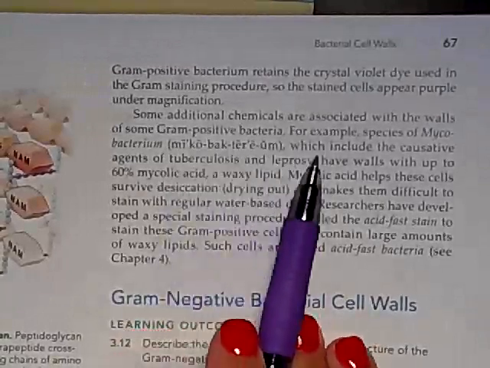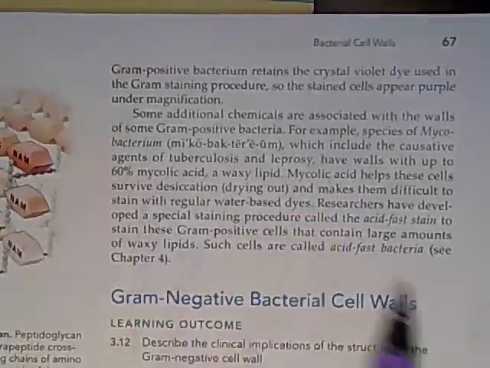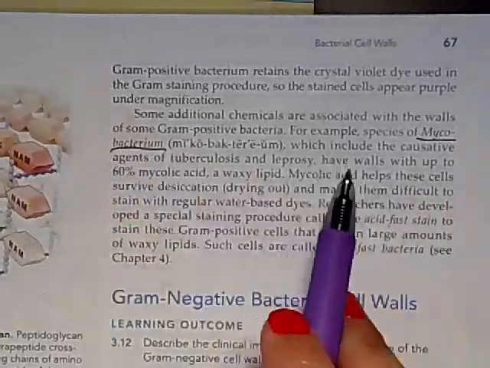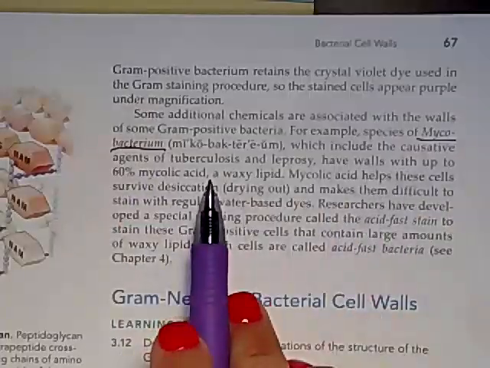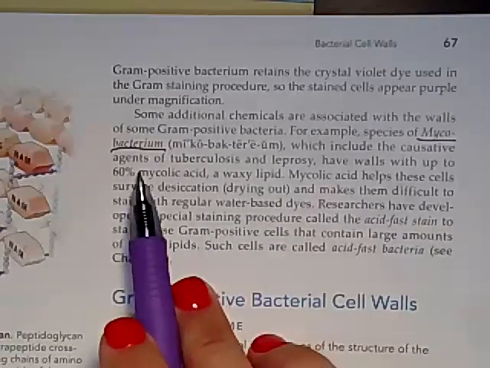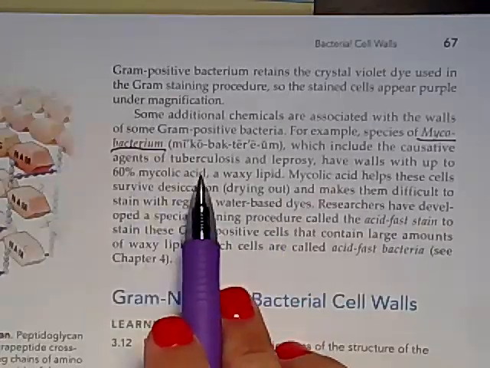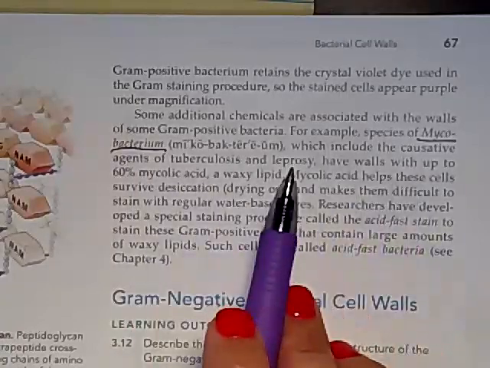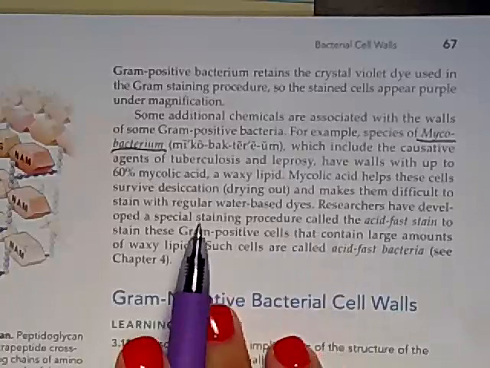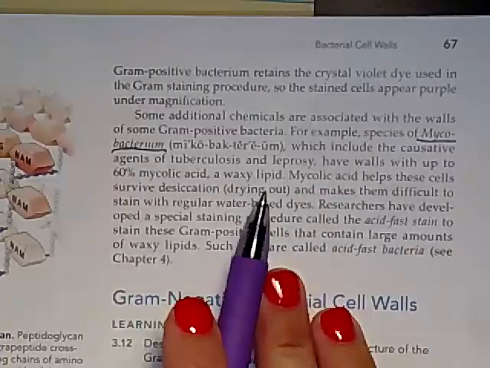So they're talking about Mycobacterium. There it is right there. Tuberculosis and leprosy would be Mycobacterium, types of them. Mycobacterium tuberculosis and Mycobacterium leprae are both the disease-causing agents for those specific diseases.